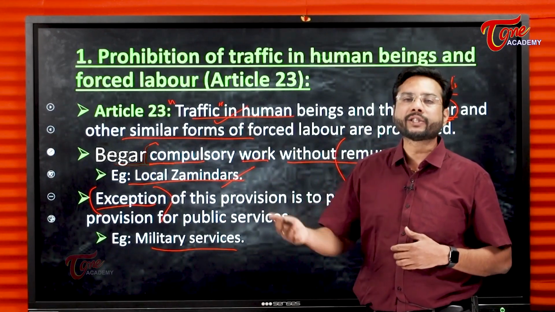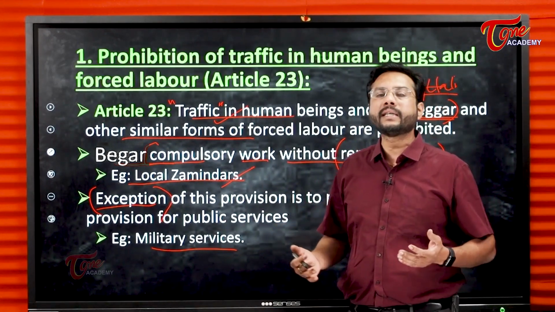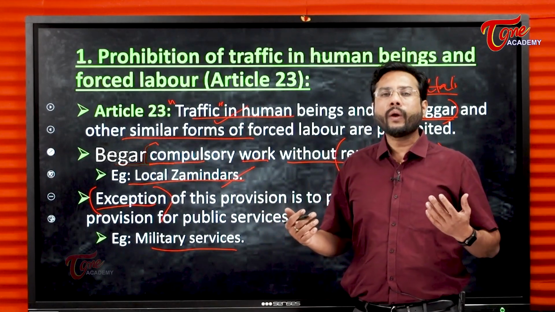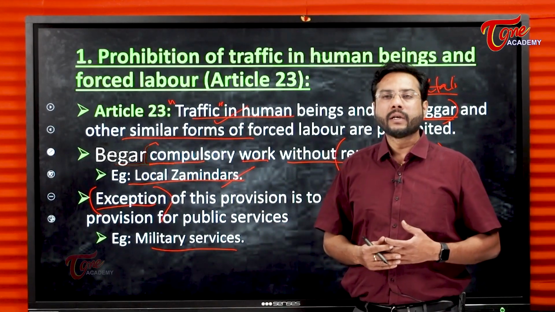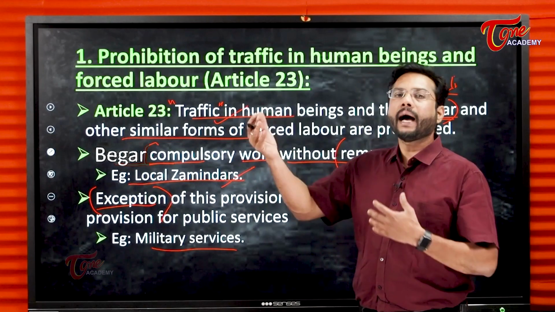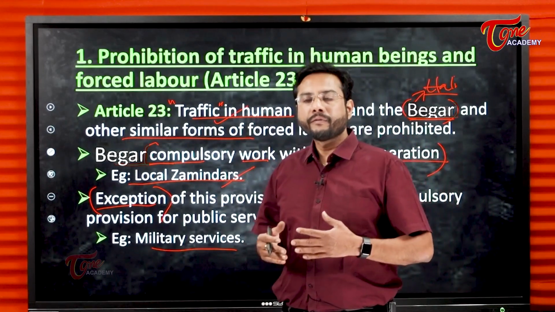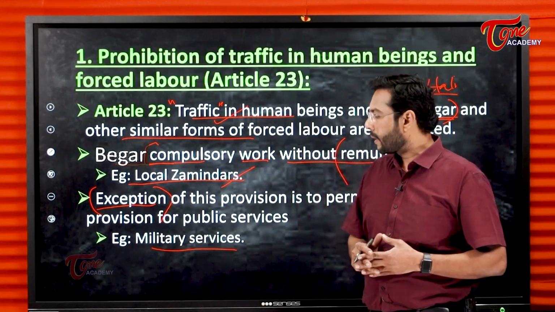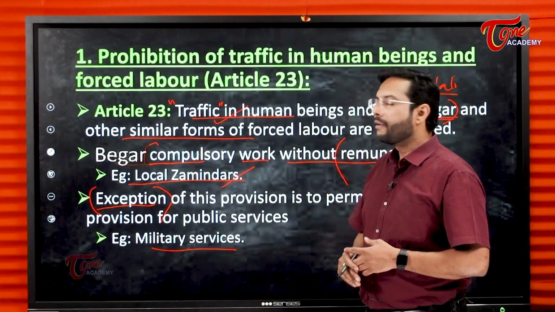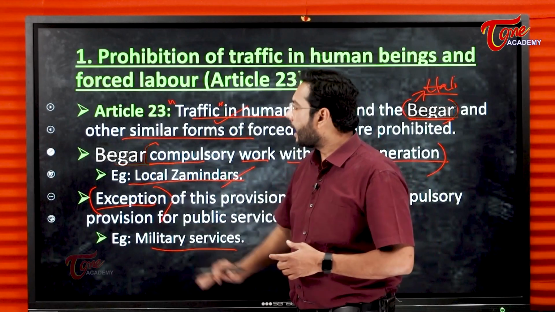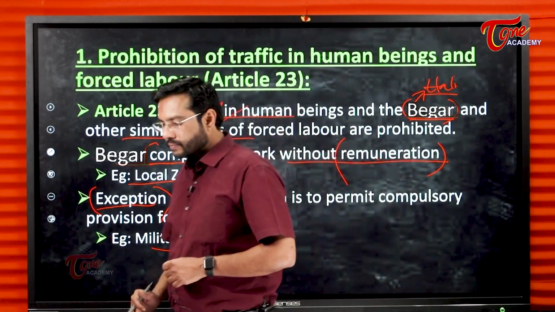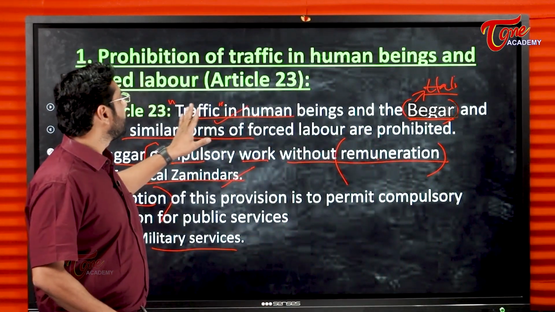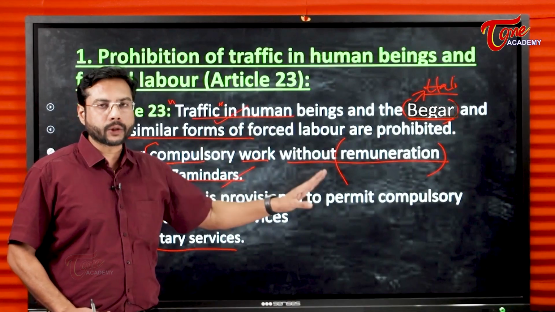We are serving the nation, and the nation has given us many things. So in emergency conditions, if they ask us to serve, we need to serve without taking any remuneration. That is one exemption we have under this Article 23. This is an important word we need to remember in Article 23.